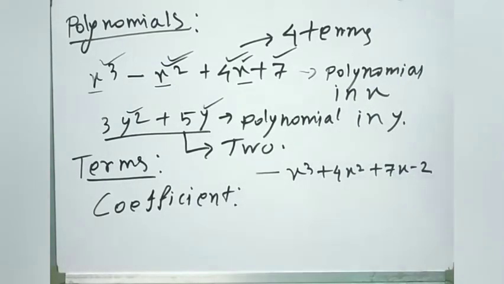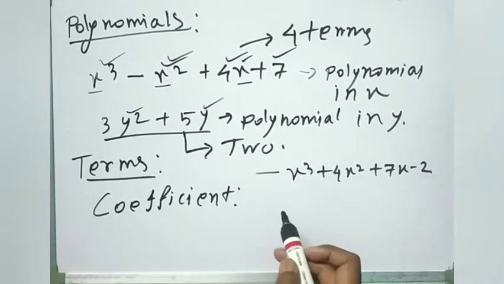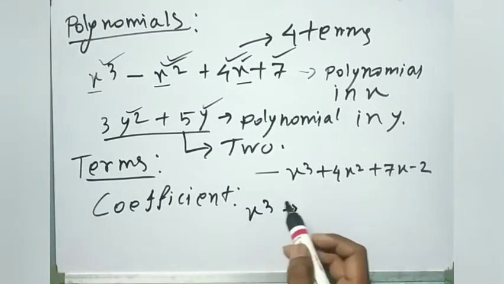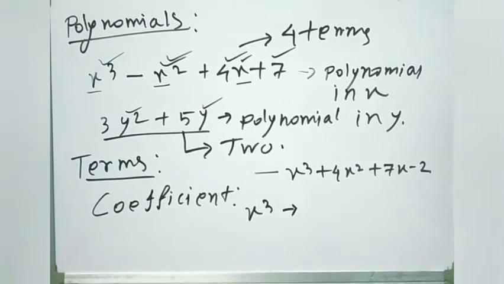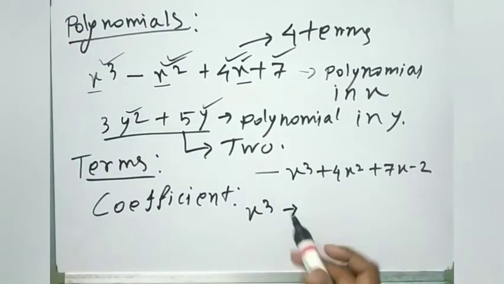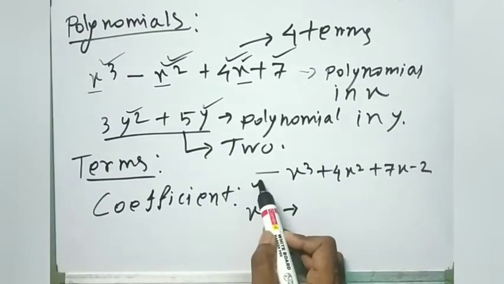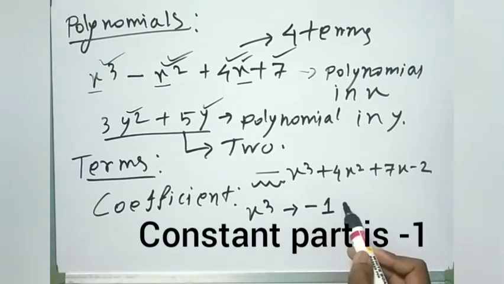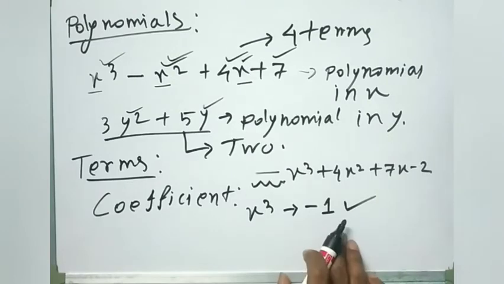Now if I ask what is the coefficient of x cube, the coefficient will be the constant part with the variable. Here you can see the constant part is minus 1. So minus 1 is the coefficient of x cube.